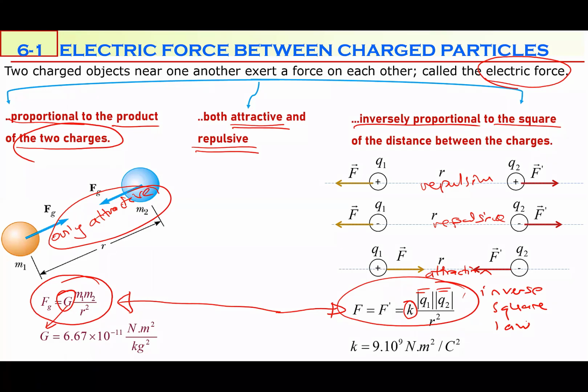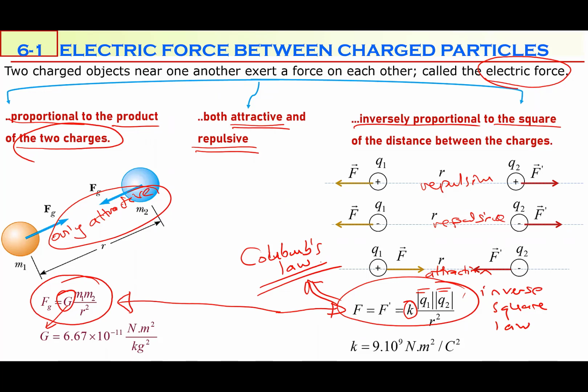The equation of the electrostatic force between two charges is also an inverse square law. This law in physics is known as Coulomb's law. The surname of one of the scientists who did so many experiments about electricity is Charles Coulomb.